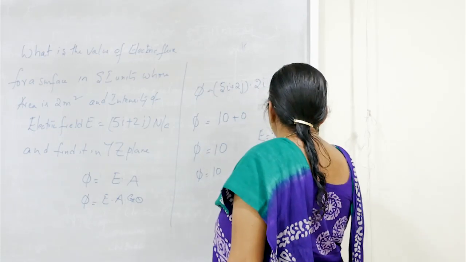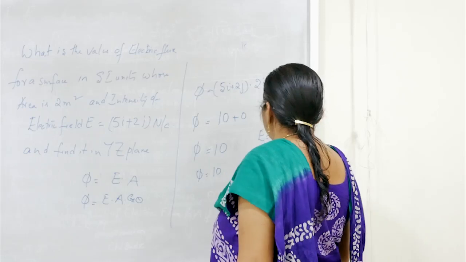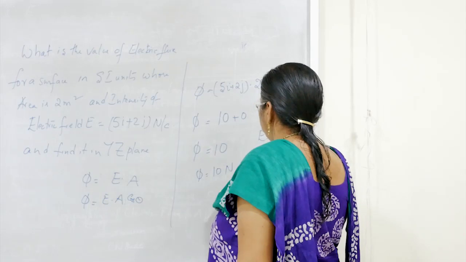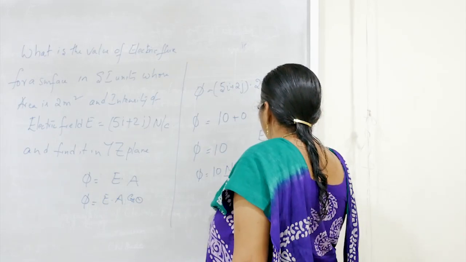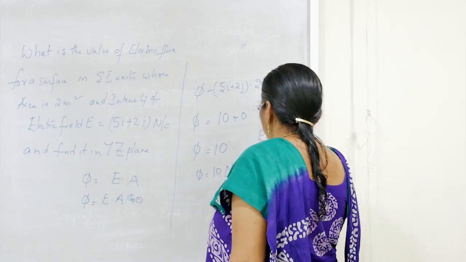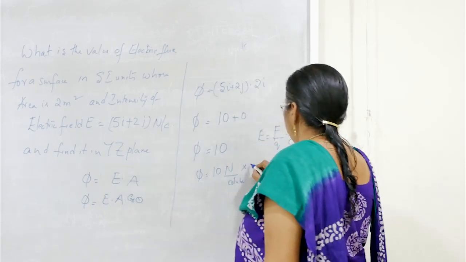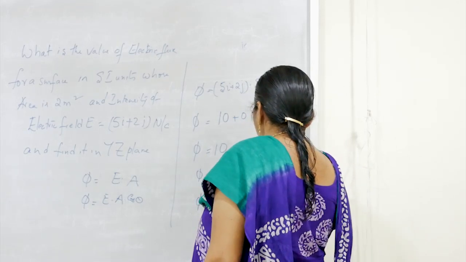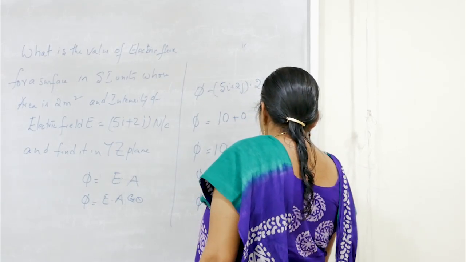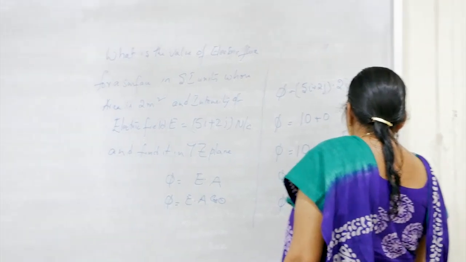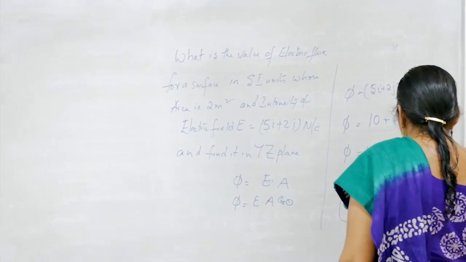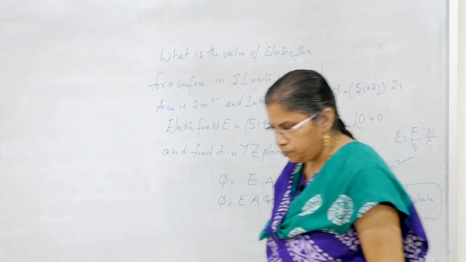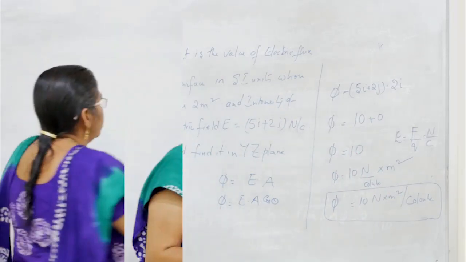So the units are Newton per coulomb, into, what are the units of A? It is nothing but meter square. So phi is equal to 10 Newton meter square per coulomb. This is the answer for phi. So this is an example for electric flux.